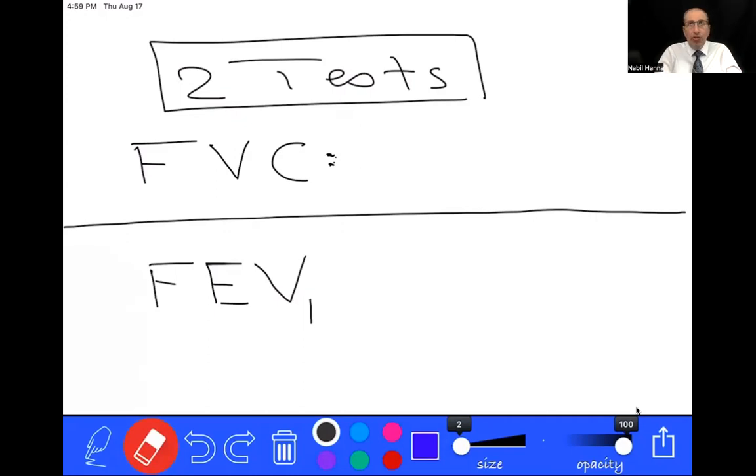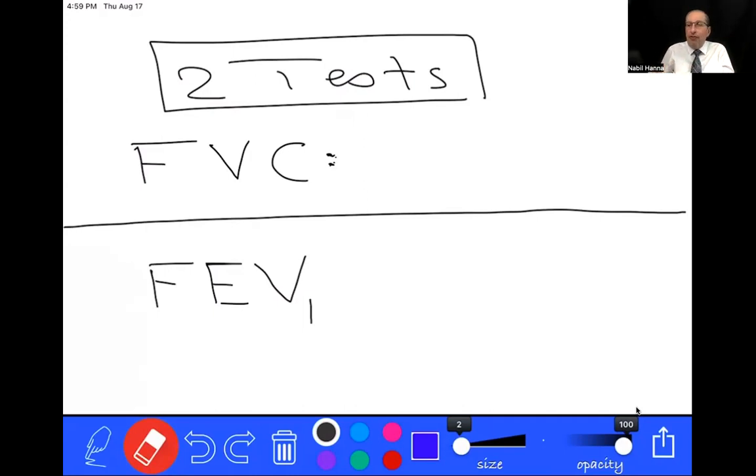So we ask you to inhale as completely and maximally as possible. Then we ask you to exhale as forcibly and as completely as possible. And as you exhale, we collect and measure this volume of exhaled air after maximal inhalation.